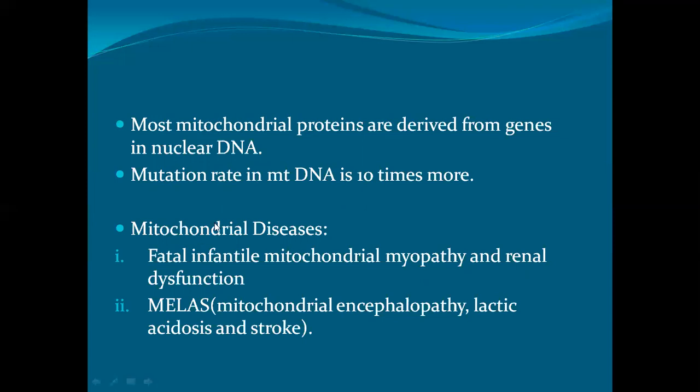There are mitochondrial diseases also, like fatal infantile mitochondrial myopathy and renal dysfunction. Fatal infantile mitochondrial myopathy means there is some defect in the functioning of the mitochondria of the muscles, and renal dysfunction also is a part.